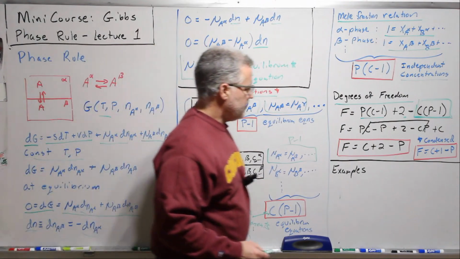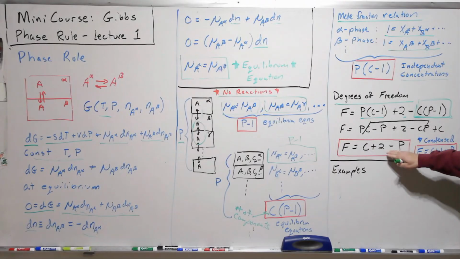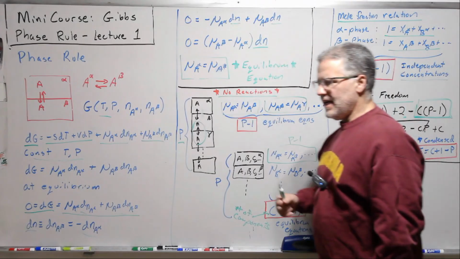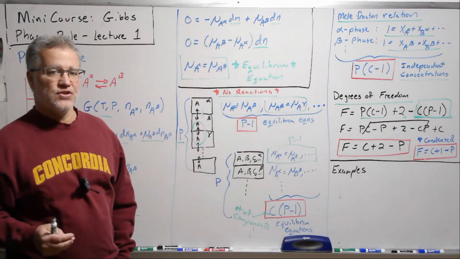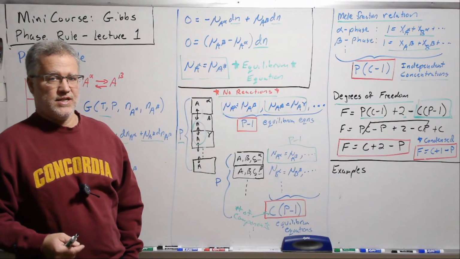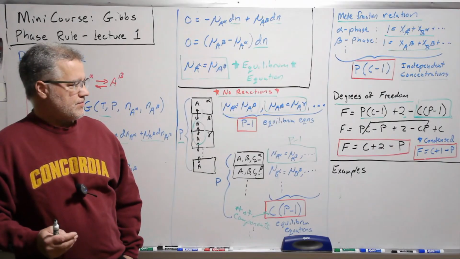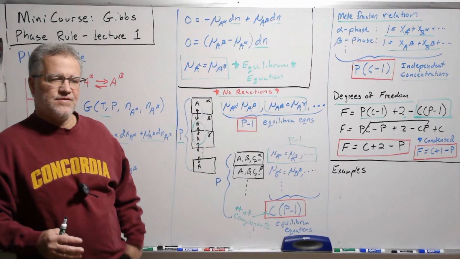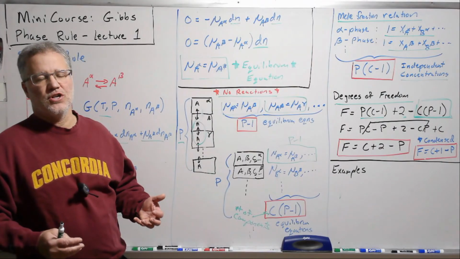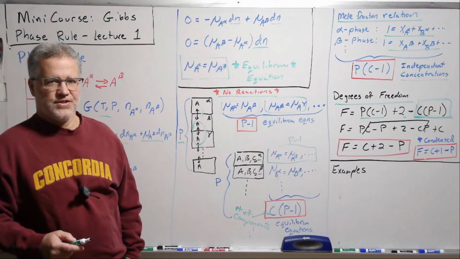Now, let me say just one thing. We sometimes will see the Gibbs Phase Rule like this. We will most often work with this. This is called the condensed version, and this is when you'd be talking about just things involving liquids and solids, like the ice and liquid water example, but not water vapor. And that's because pressure has a very, very negligible effect compared to temperature on condensed systems.